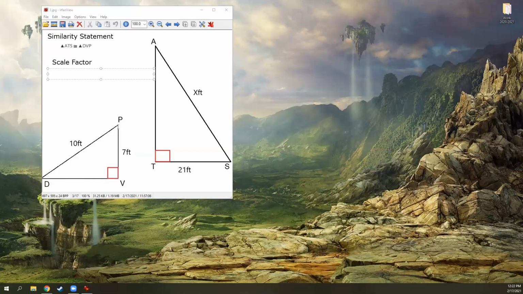For instance, PD, the last letter and the first letter, corresponds to SA, 10 and x. Well, I don't know x, that's what I'm trying to figure out. So I can't use those two. They correspond, but I need two numbers there.